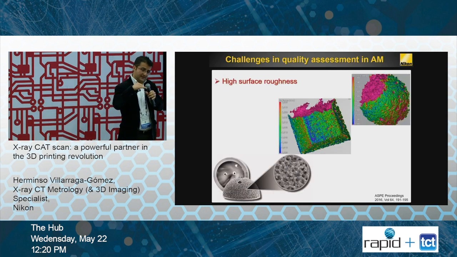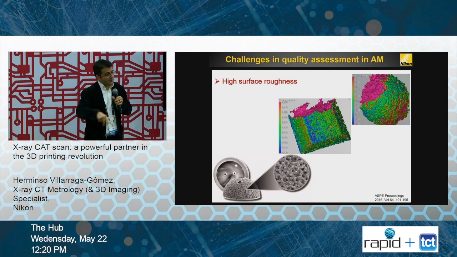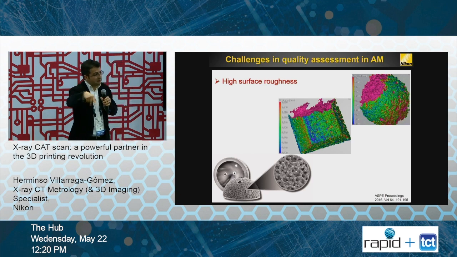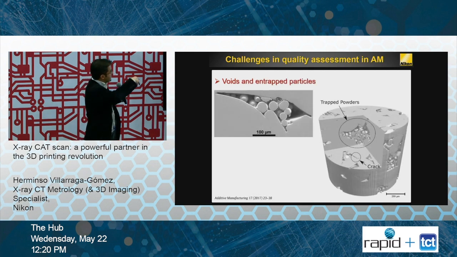The surfaces from additive manufacturing parts are generally rough, which also becomes a challenge for certain types of inspection technologies like a probing system, because it scrapes the machine, the tooling, and also the part. And the fourth one that I have for today is that sometimes we see on the inside there are powders that have not been melted and are still inside.